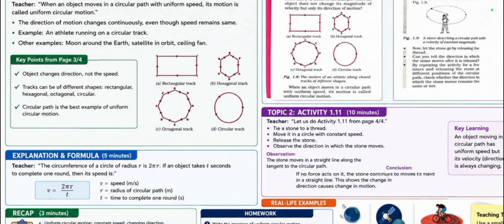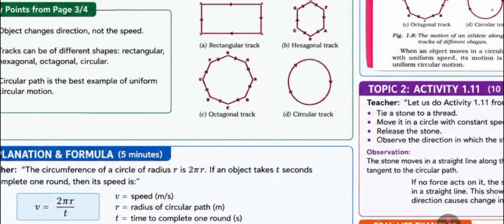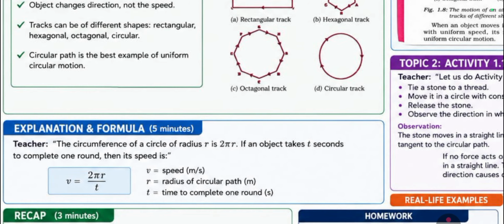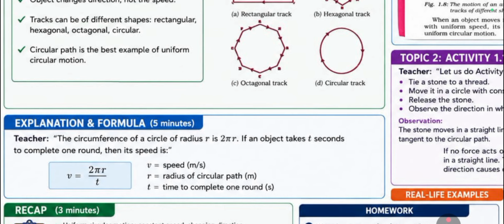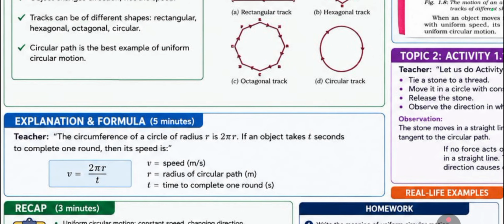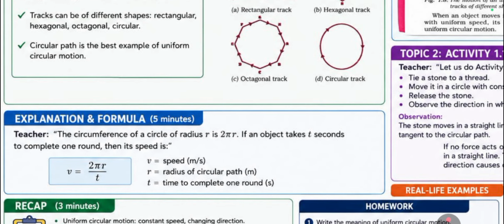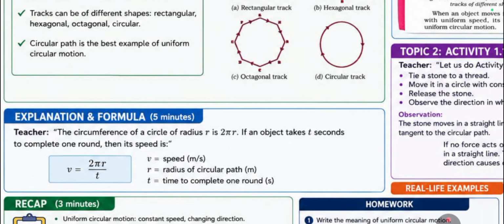Here we have to use the formula for uniform circular motion. The circumference of a circle of radius r is 2 pi r. So if an object takes t seconds to complete one round, then its speed v is equal to speed, that is meter per second, r is equal to the radius of the circular path, that is in meters, that is called distance.